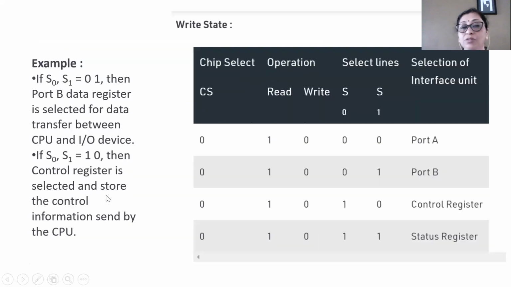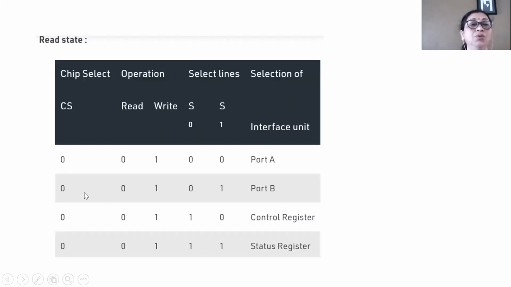Now, if you observe this truth table, you can see how these lines can be selected. When chip select is 0, that particular interface is selected, because chip select is an active low signal. In this operation, the read line is 0, which means it is active low, and therefore a read operation is carried out.